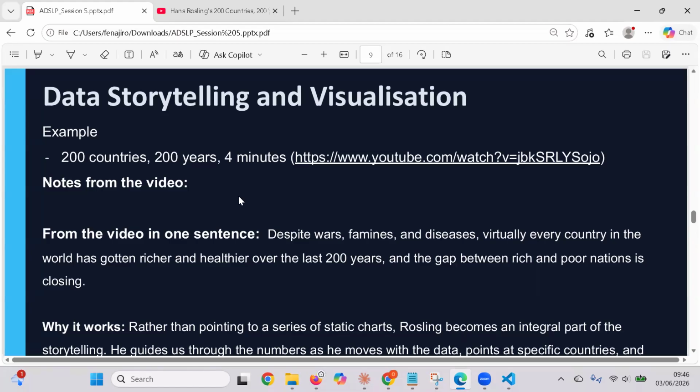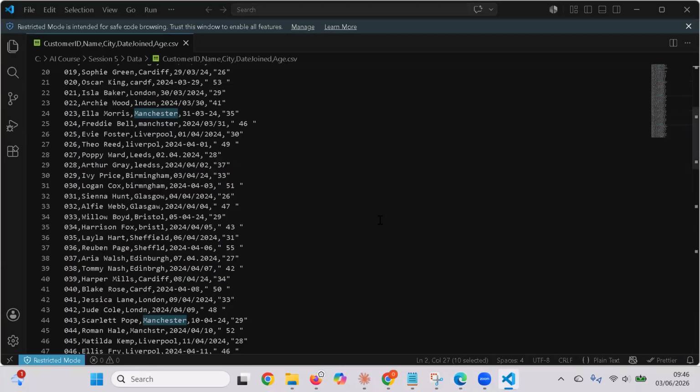Imagine if that data was in a data sheet like this, no one would understand it. They were even able to split regions in China and all over the world to go deeper into those data. That is part of what data storytelling is.